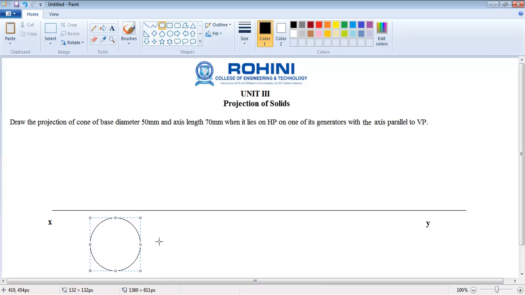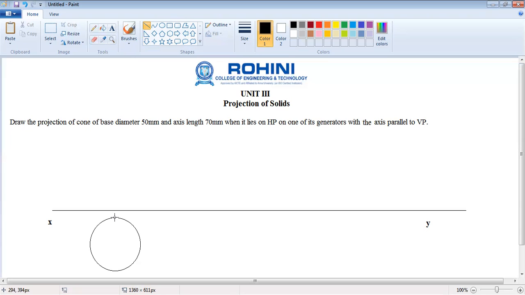In the compass, we have to take the radius of 25 mm and draw a circle of diameter 50 mm. Once we draw the circle, we have to divide it into 4 or 8 or 12 parts.